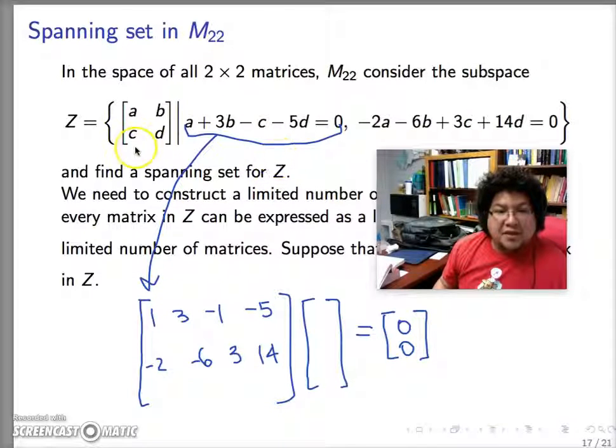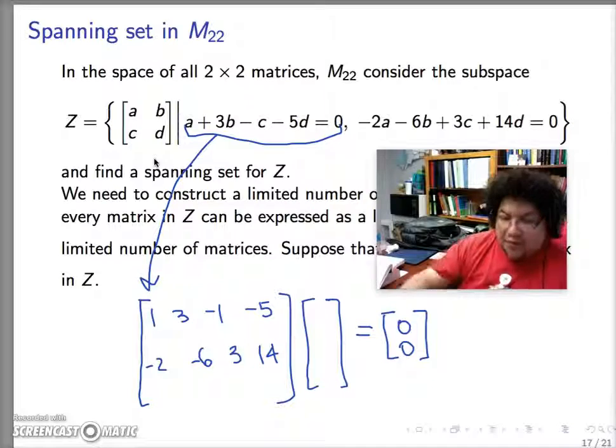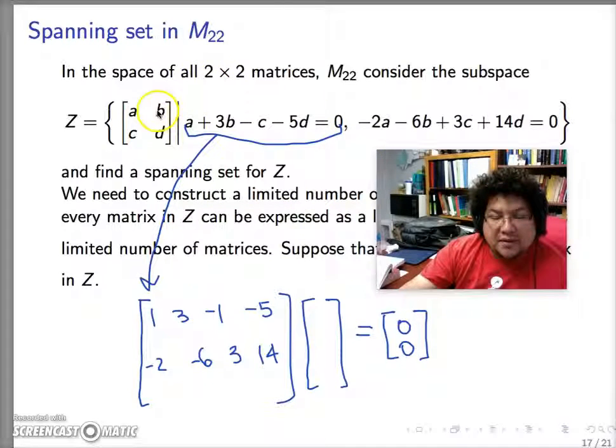The conditions that define this set are 2 equations involving the matrix entries. These equations are considered a homogeneous system of linear equations. So in matrix vector notation, this would be the coefficient matrix. Look at the first equation. This defines the coefficients in the first row of this matrix as 1, 3, -1, -5.